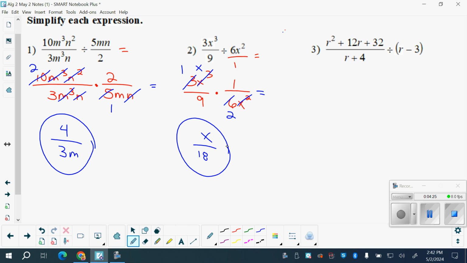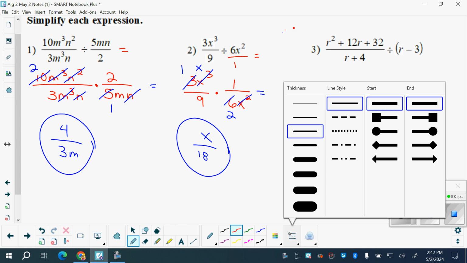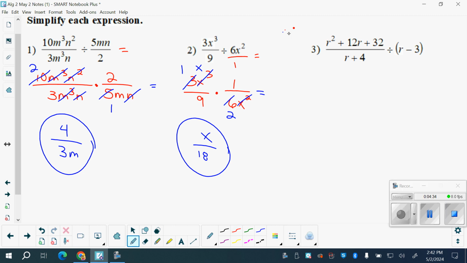Okay, and then on number 3, is that okay? I'm not going too fast, am I? Okay, so we want to factor this numerator while we're rewriting it, just because it's a lot to write. So how does that numerator factor? What multiplies to 32 and adds to 12? It would be 8 and 4. So r plus 8, r plus 4, over r plus 4.